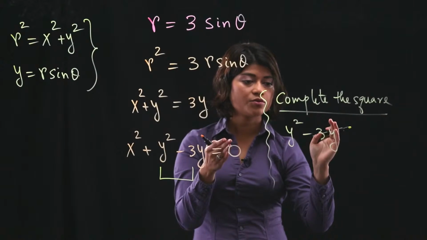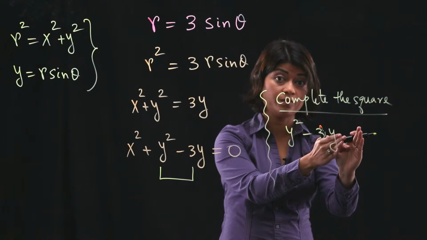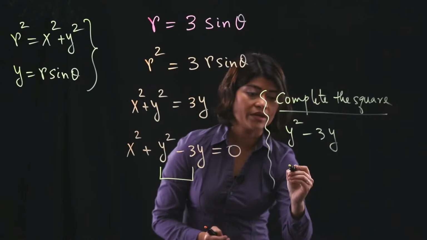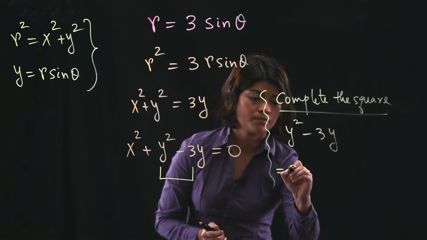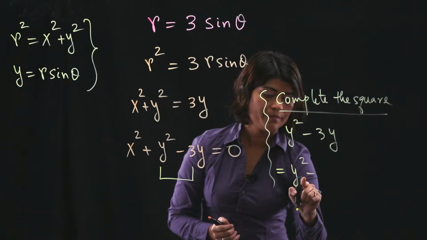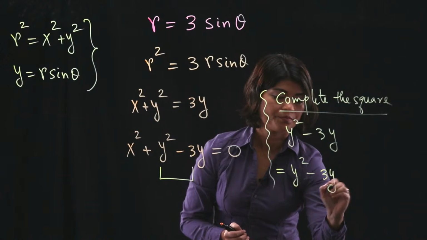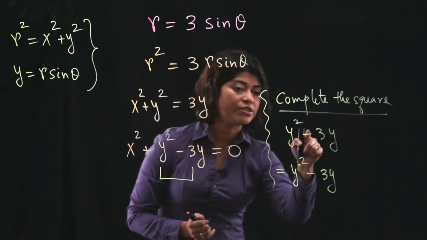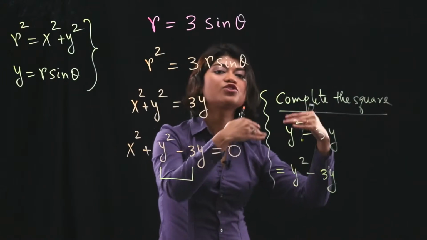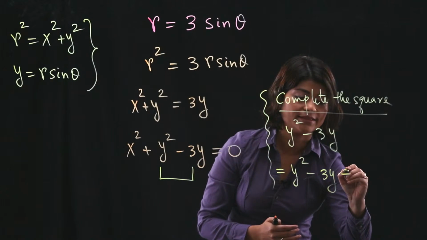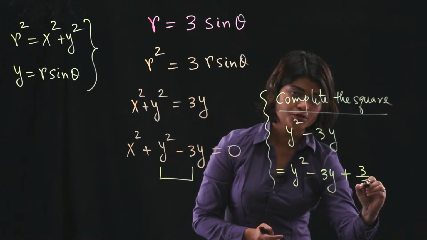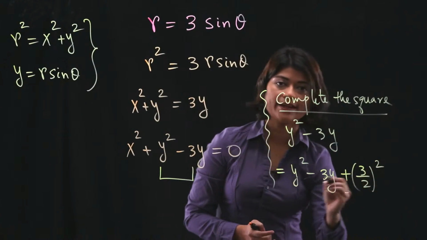So what we do is we figure out what the third term we need is, and we add and subtract that. Okay, so what is the third term? You keep y squared minus 3y. Then you take this number 3, you divide it by 2, and then square it and add that number. So one more time, you take 3, divide by 2, square, and add.